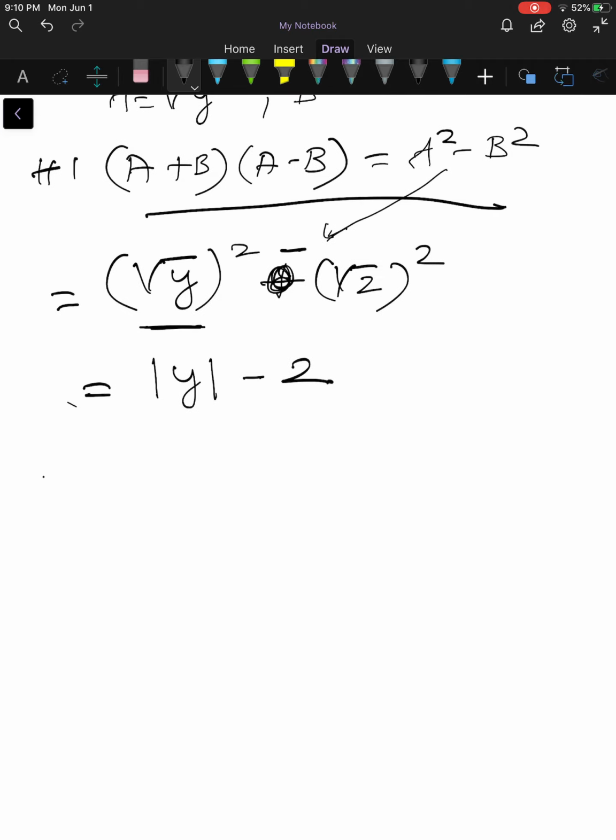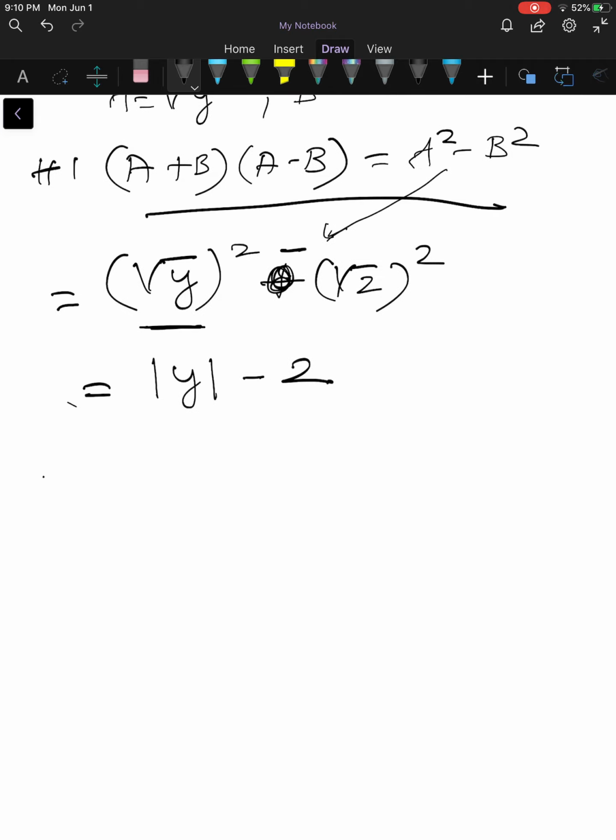Square root of h square plus 1 times square root of h square plus 1 minus 1. So here you need to group this expression again, taking a to be square root of h square plus 1, and b to be 1.